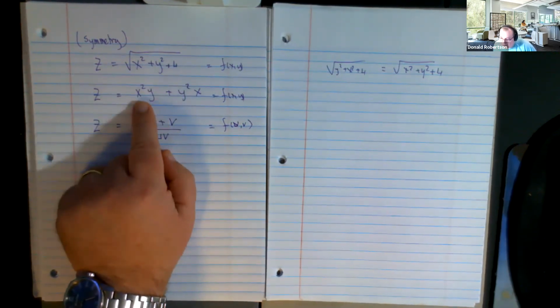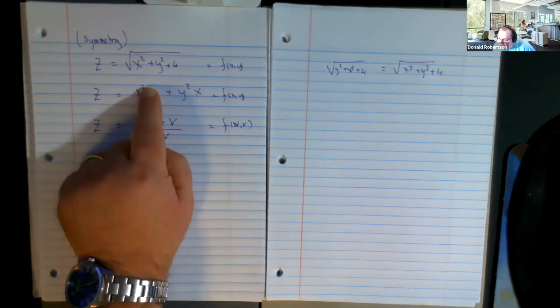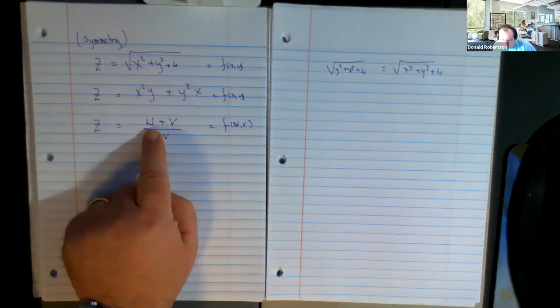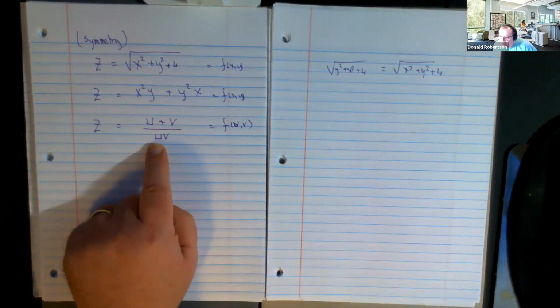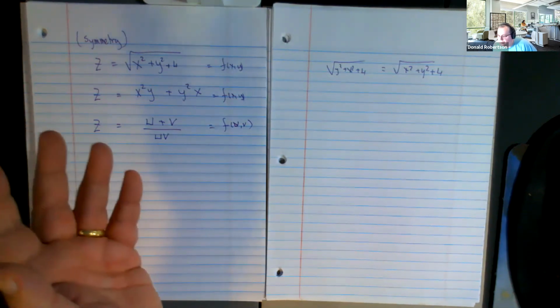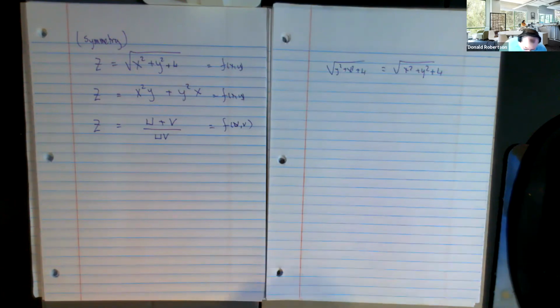Can you imagine that you replace the x with y and you swap the y with x? Wouldn't this become y squared x plus x squared y? And isn't that the same as this guy? And if you made this, it would be v plus u over vu, but isn't v plus u just u plus v? And vu is just the same as uv. So why is symmetry useful?